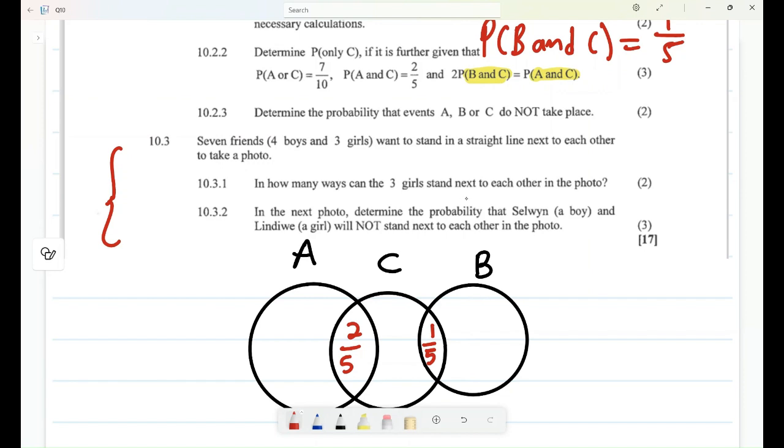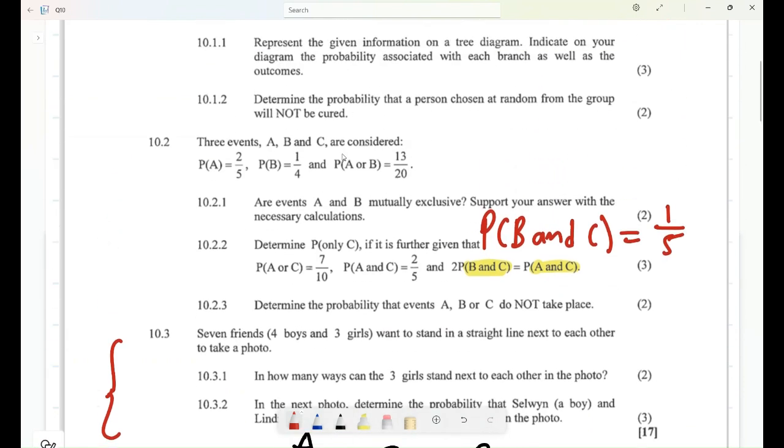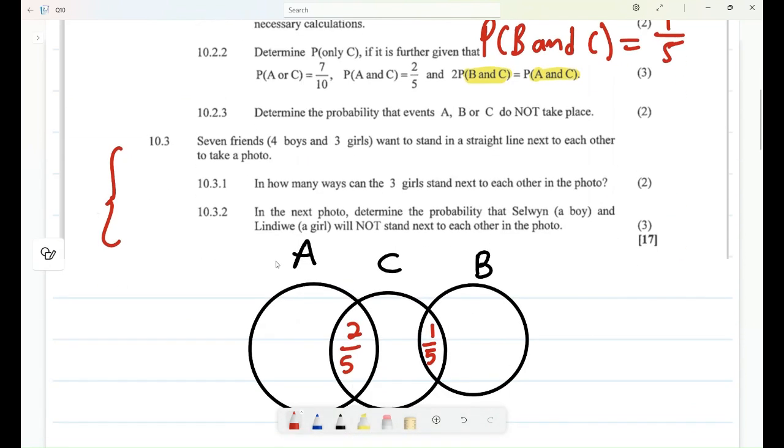Now, what is probability of B? Probability of B, I think we have, is 1 divided by 4. But please take note, all of this is probability of B. So now when you substitute, probability of this portion, this one, is probability of B only.